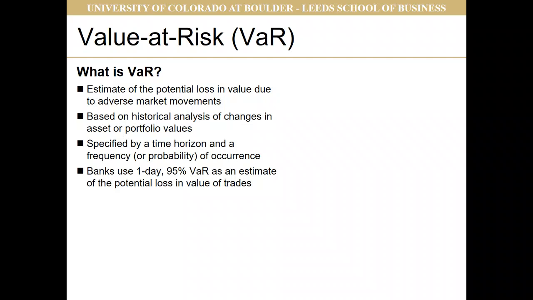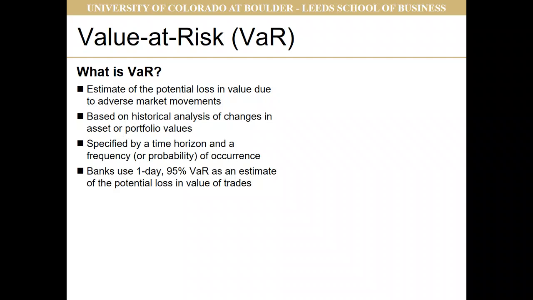Now, we have two parameters to choose from. Banks typically use this 1 day 95th percentile value at risk for a few reasons. One, our regulators like that. Two, we typically within a bank's trading portfolio think that the traders in the bank are going to do things every day, so it's unlikely you're going to hold a position for longer than a day.